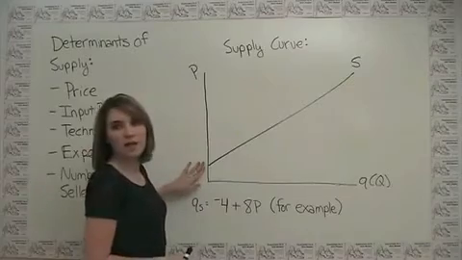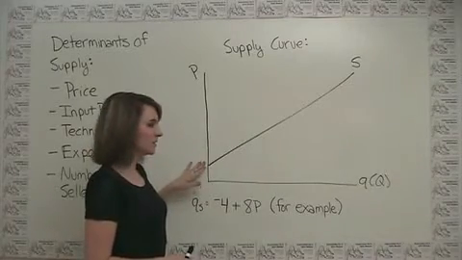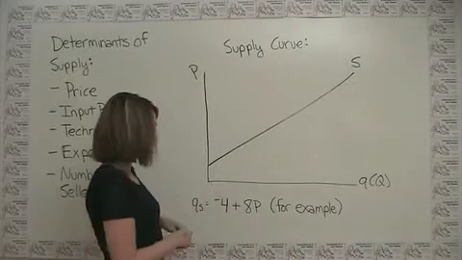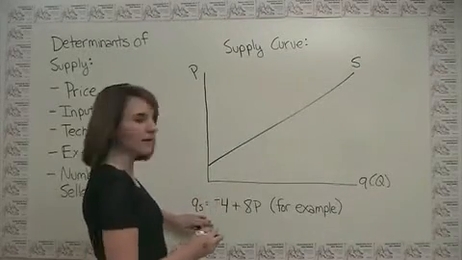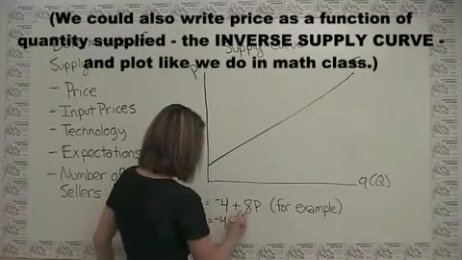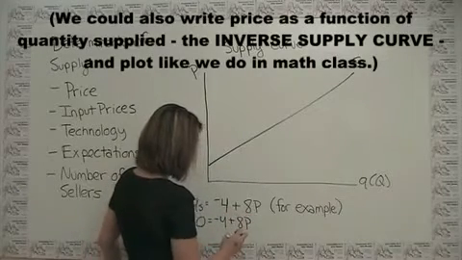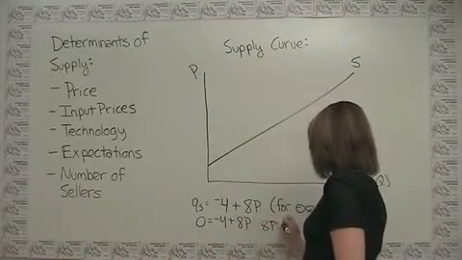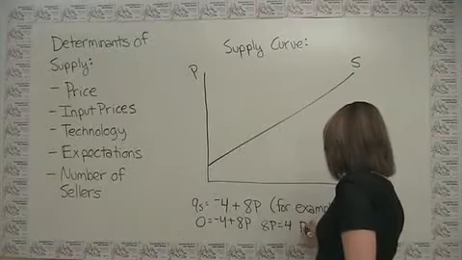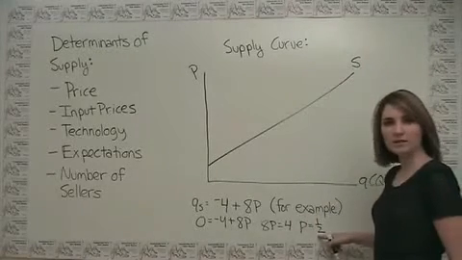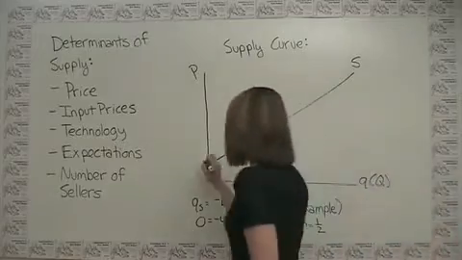You can say, this intercept here is the place where quantity supplied is equal to 0. So if we set quantity supplied equal to 0 and solve for price, we can see here that our price intercept is 1/2.